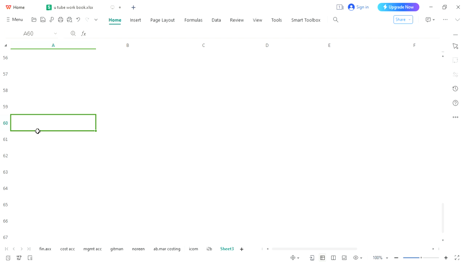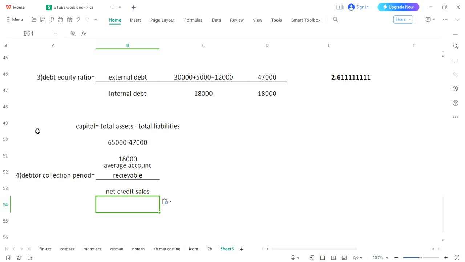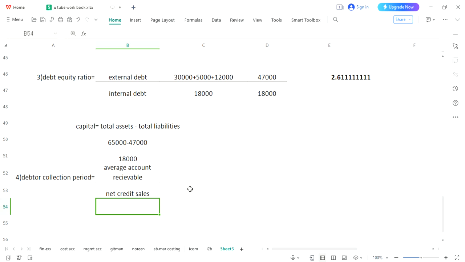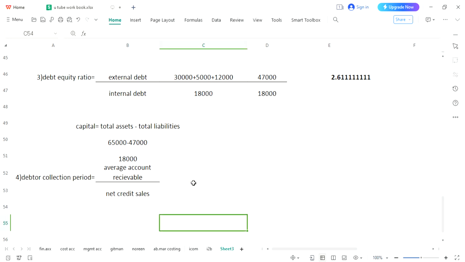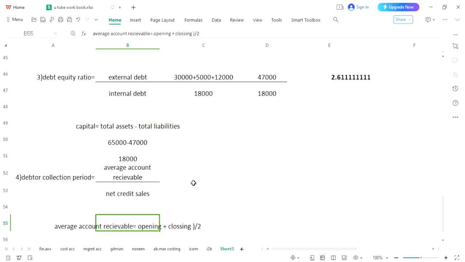Let's take it over here. For this we need to make a little more space. Alright guys, now we need to calculate average account receivable. To calculate any average, what you can do is take opening plus closing and divide by 2. In this way you can calculate the average for second year.